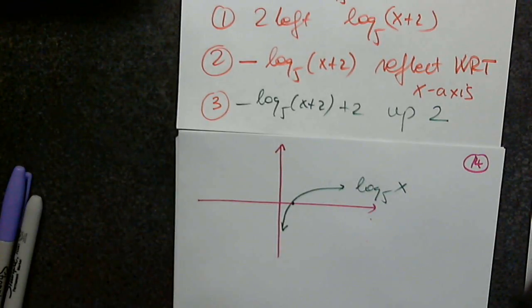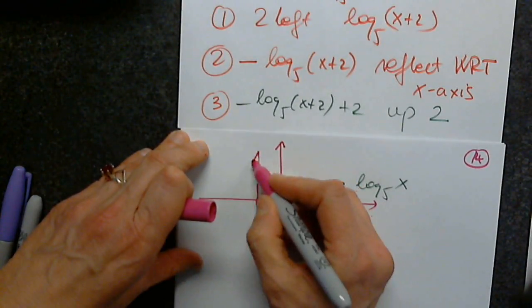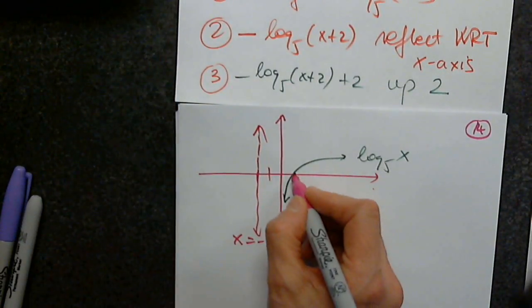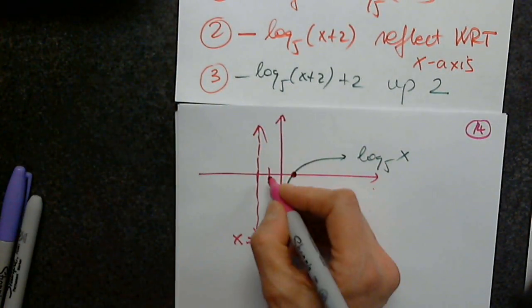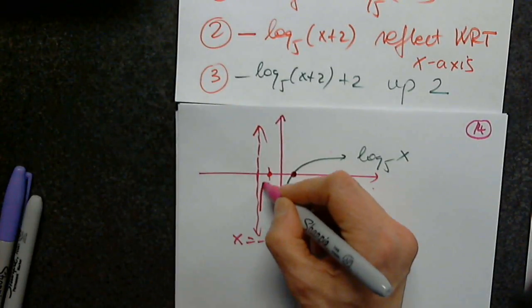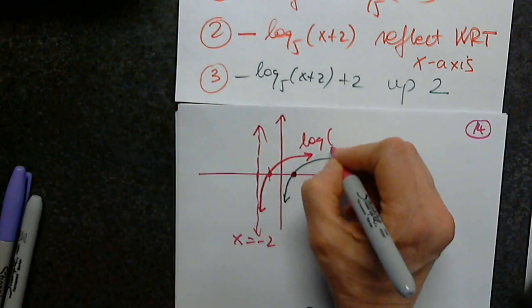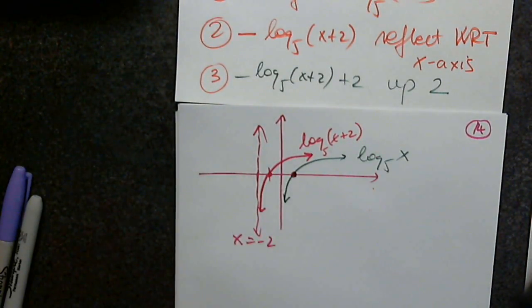So now the vertical asymptote shifts first. This is x equals -2. And then this point, this is my marker, moves 1, 2, right here. So it's the same graph, no change. But this is log base 5 of x plus 2.